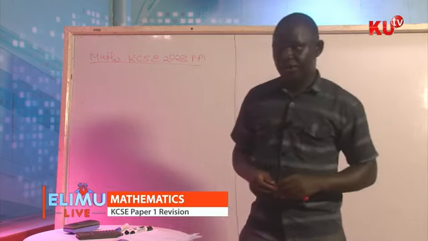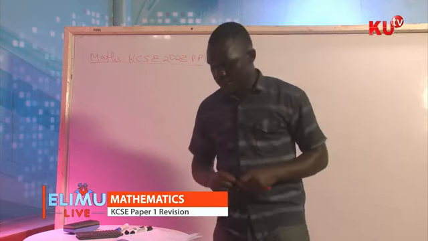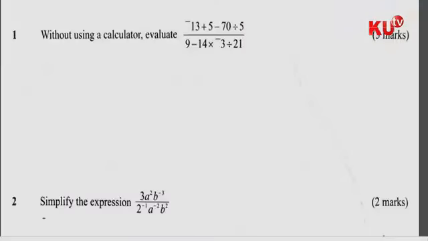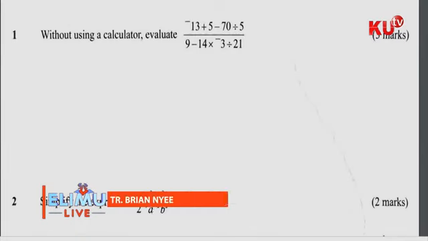Without using a calculator, evaluate negative 13 plus 5 minus 70 divided by 5, all over 9 minus 14 times negative 3 divided by 21.